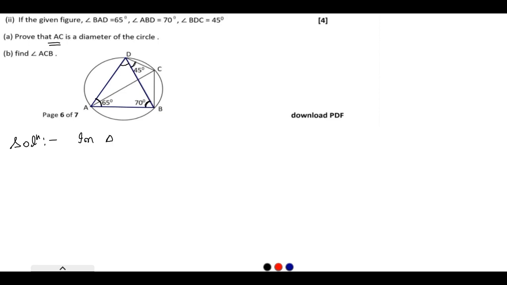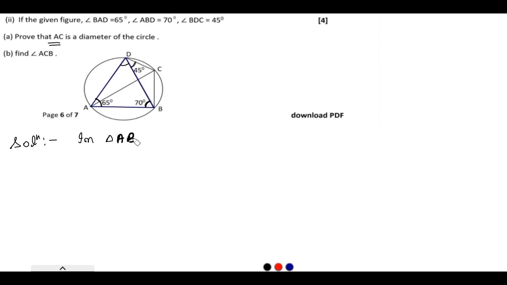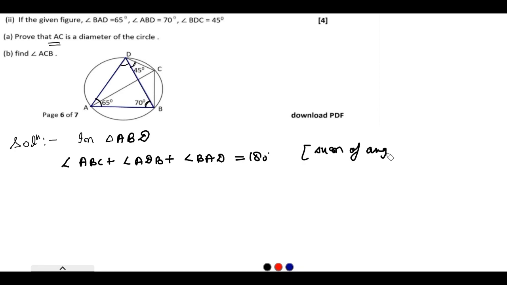In triangle ABD, angle ABD plus angle ADB plus angle BAD is equal to 180 degree, and angle ABD is 70, ADB we have to find, and BAD is 65 degree.